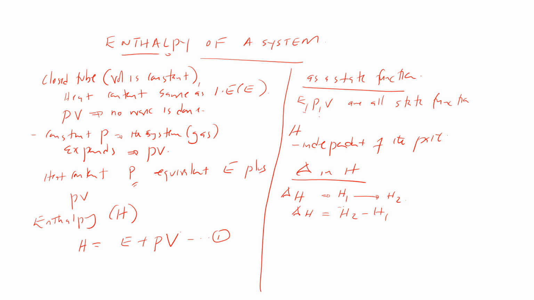Okay, but we know that H is equal to E plus PV, and so H1 will be equal to E1 plus P1 V1. H2 will be equal to E2 plus P2 V2.